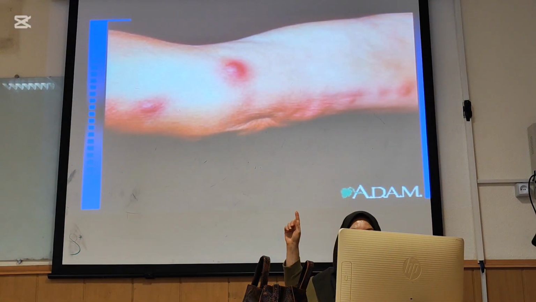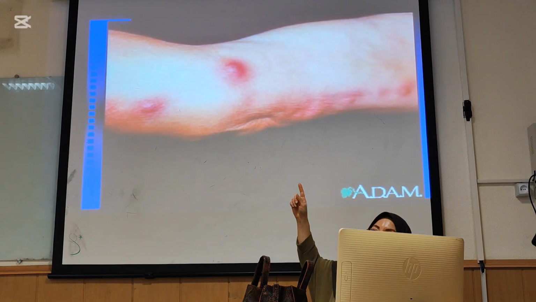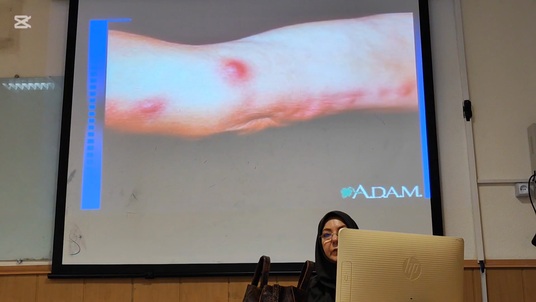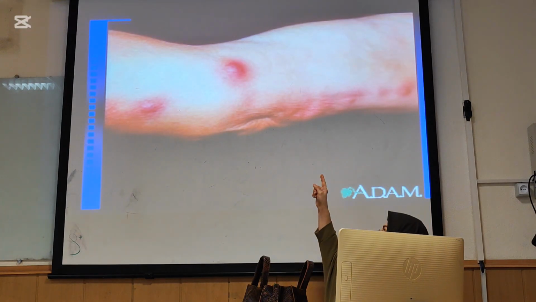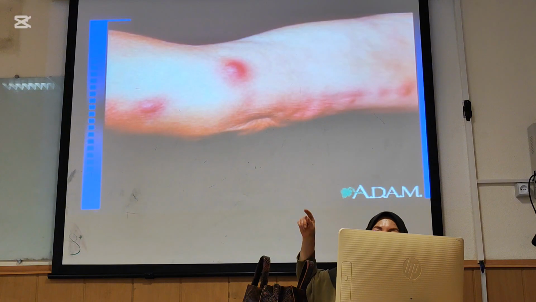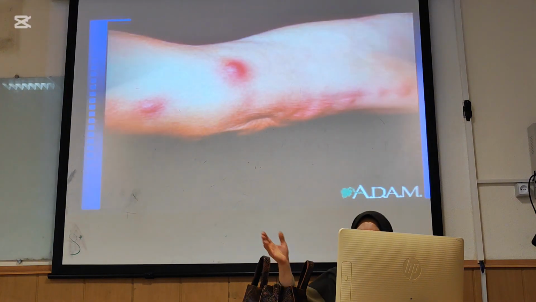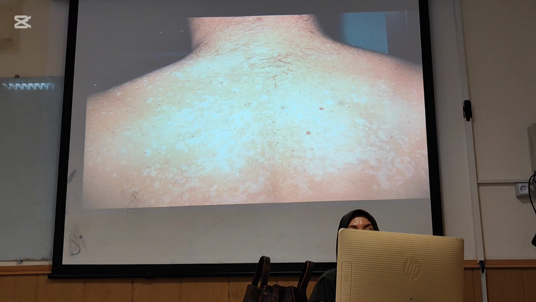This is the clinical presentation for sporotrichosis. As you see, the lymph vessels are involved, and usually lymphangitis is seen among these fungal infections. So abscesses or cysts are seen along the lymph vessel.